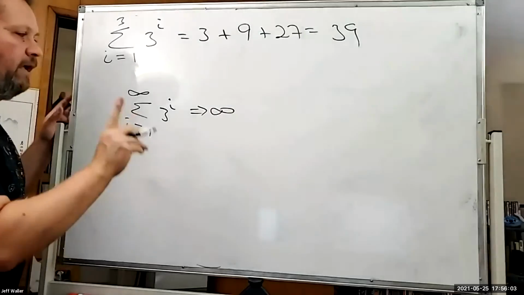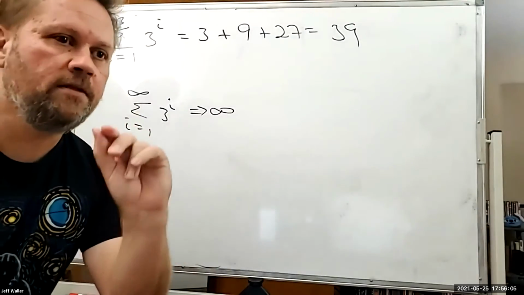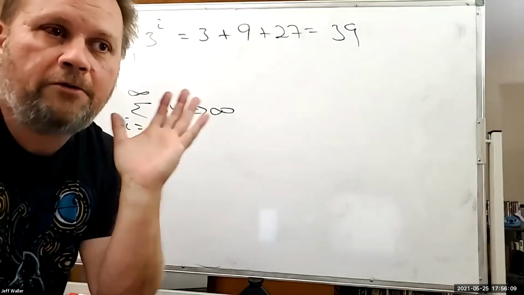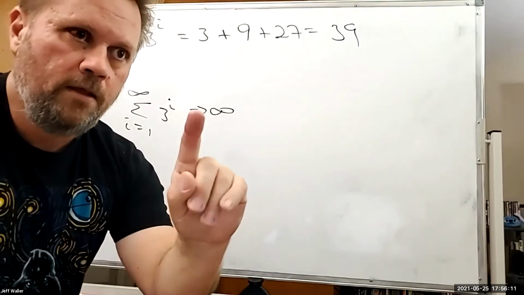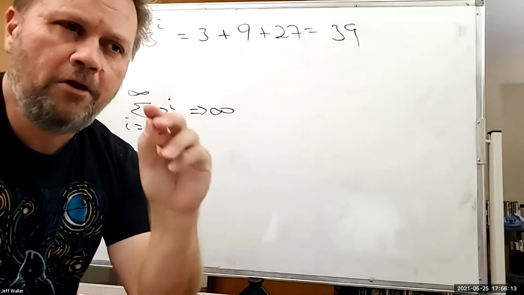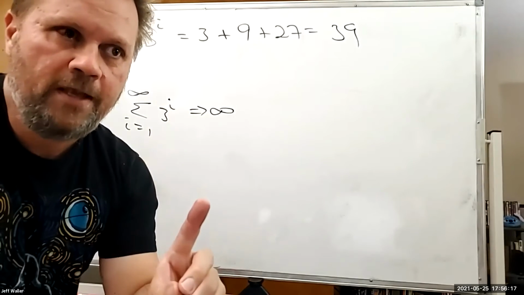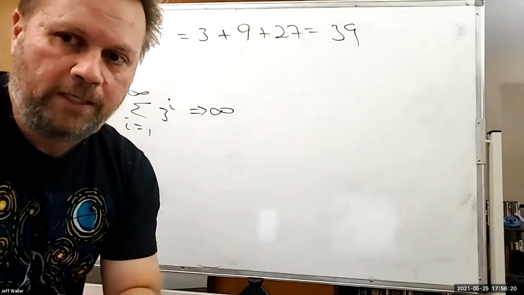Now stay with me. I'm really sorry, this is nothing you even have to know. Can you think, is there a way that I can add an infinite number of numbers and they don't come out to infinity?